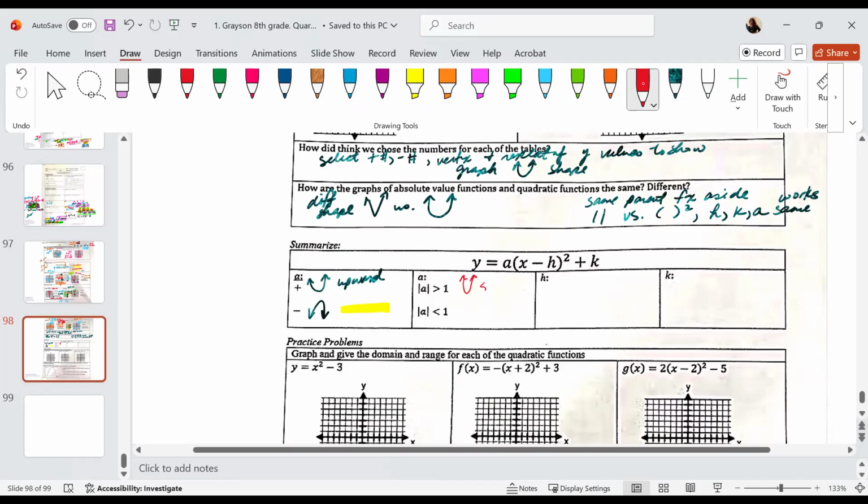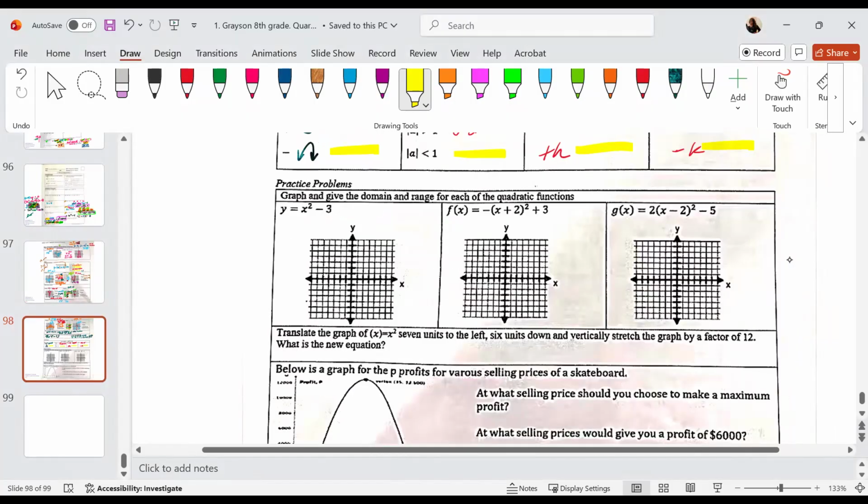If it's greater than 1, it's skinnier, correct? Positive h means you go up, negative h, positive, or I'm sorry, hold on, this is wrong. Negative h means you go to the right, positive k means you go up, negative k, you fill in the rest. Does that make sense? Okay, go ahead and do that.